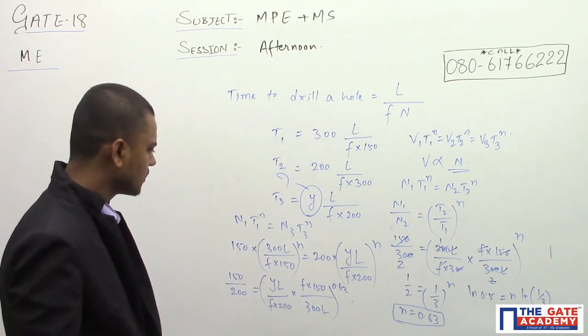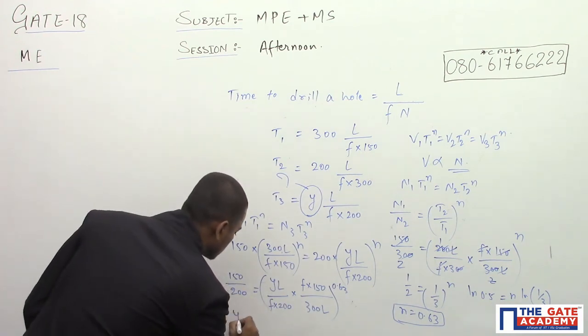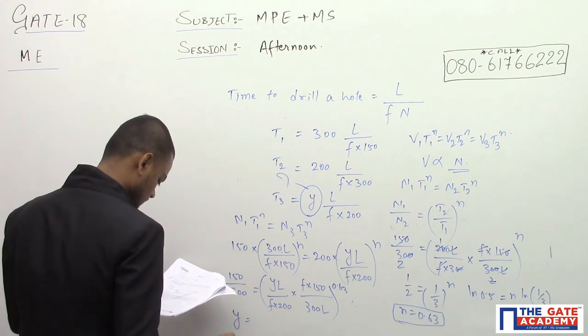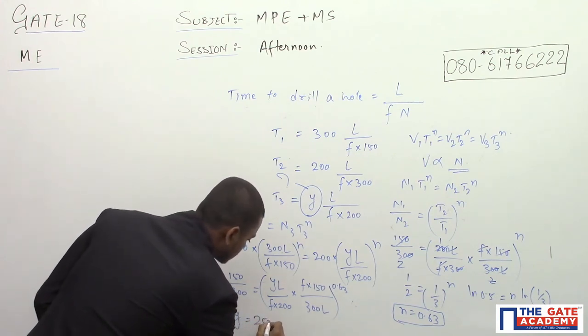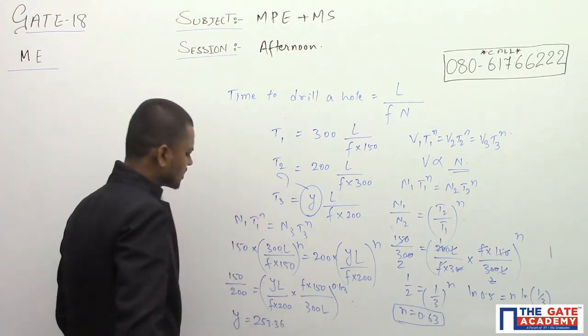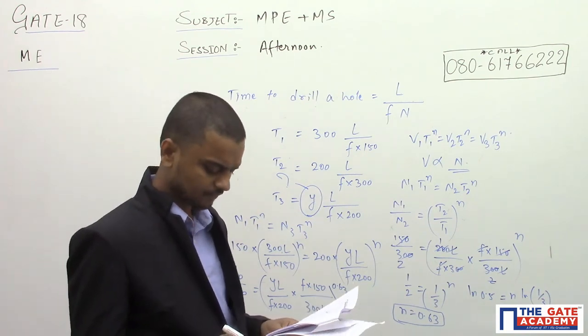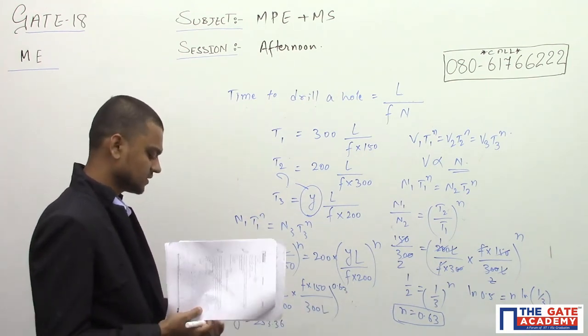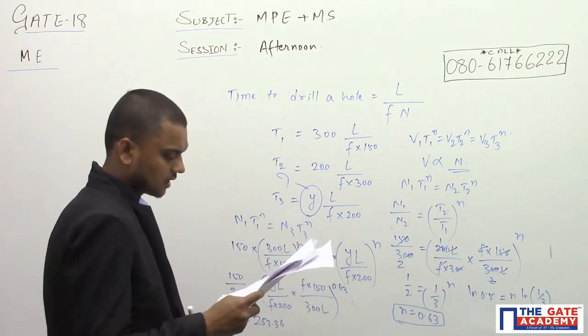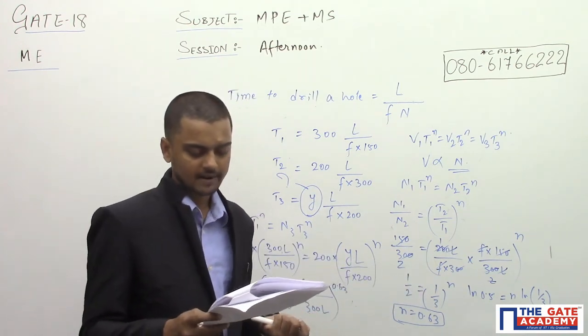Now if you solve this, you will get Y equal to 253.36, which is equal to 254, I can say. So the answer will be 253.36. That was the number of holes at 200 rpm.